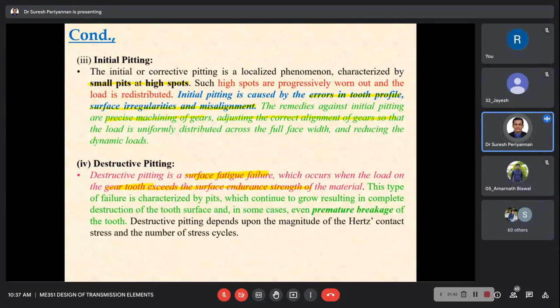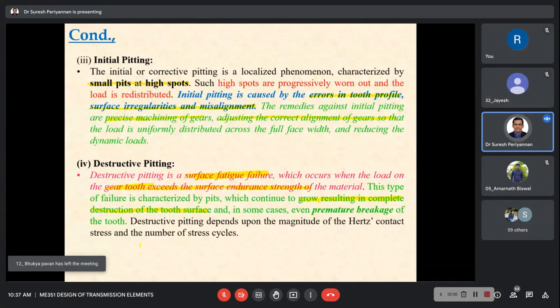This type of failure is characterized by pits which continue to grow, resulting in complete destruction of the tooth surface. Sometimes it may cause the breakage of the tooth. So destructive pitting is a very important consideration. How can we resolve this problem?